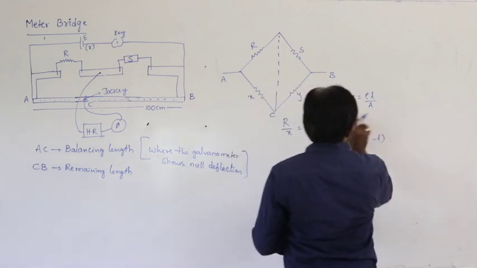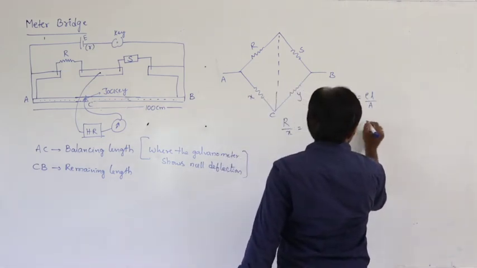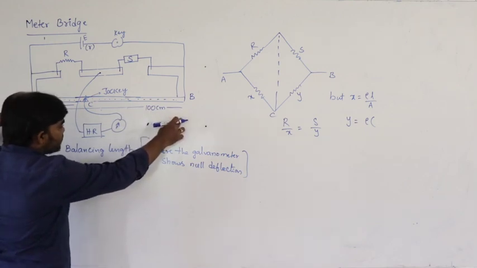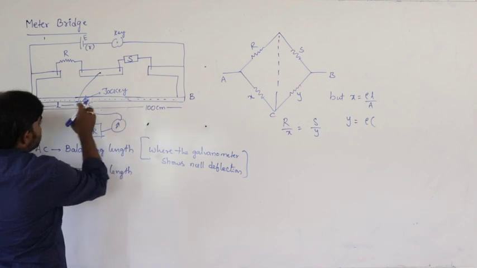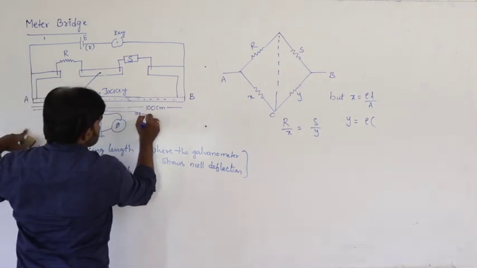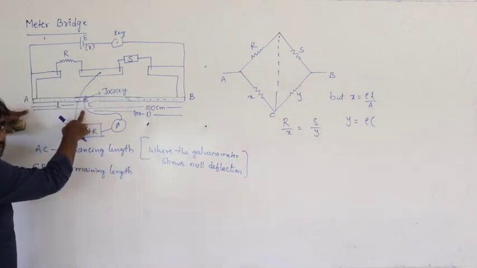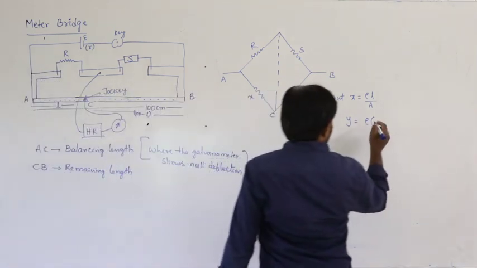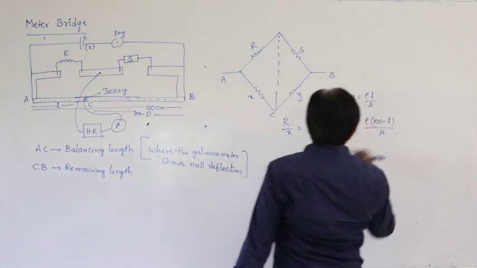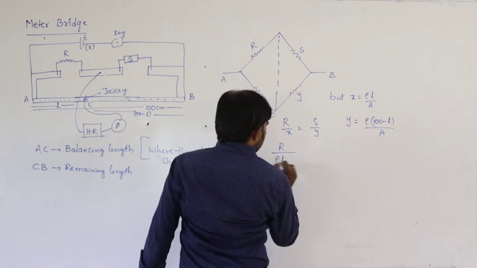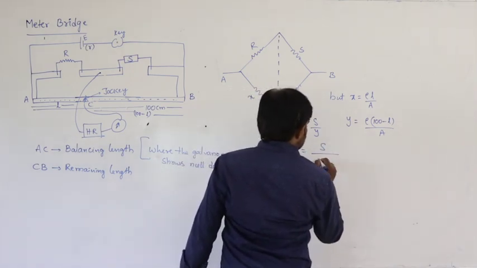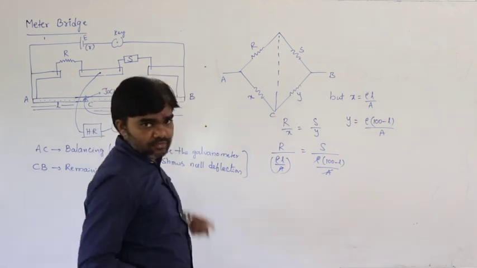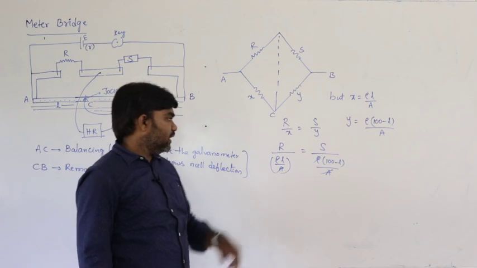Now X is equal to rho L by A, and Y is also rho L by A. If AC is L, the total length of the wire is 100 centimeters, so the remaining length is 100 minus L. So Y is rho into 100 minus L by A. If you substitute this, R by X is rho L by A, and S by Y is rho into 100 minus L by A. So rho and A get cancelled, because it is the same wire, so specific resistance and area of cross section are the same.